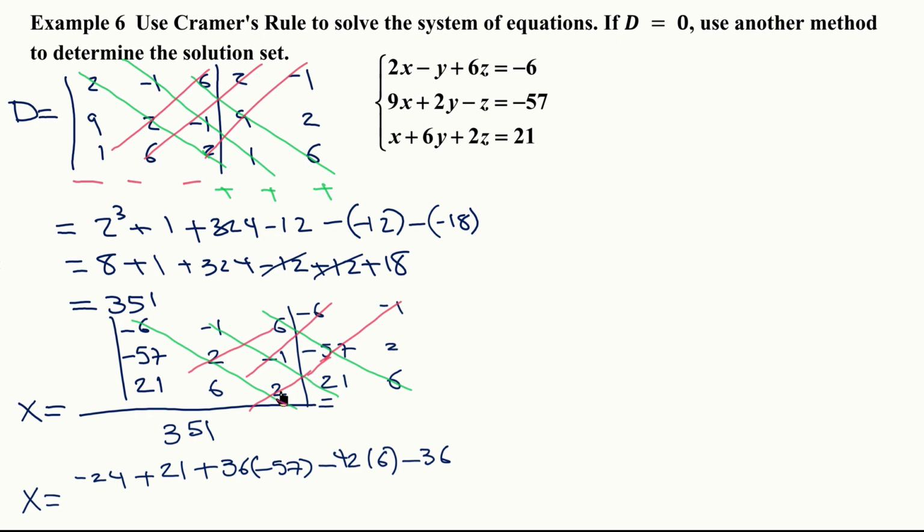And then minus quantity -2 times -57, right? And then all of that over 351.